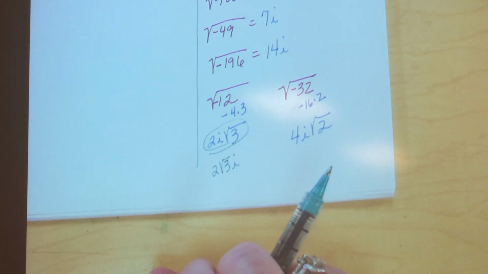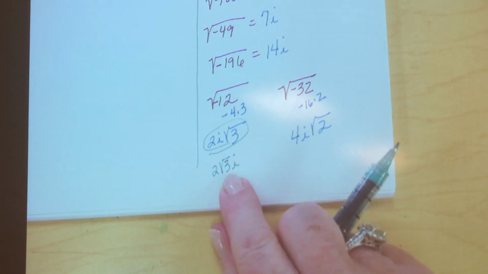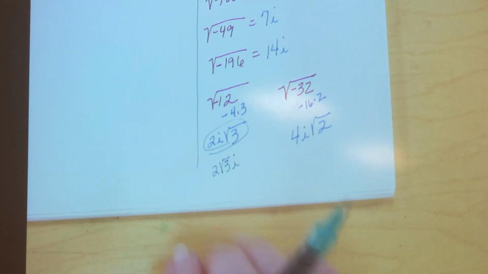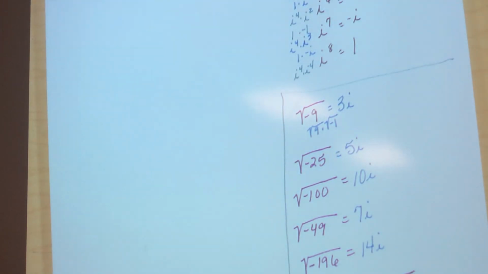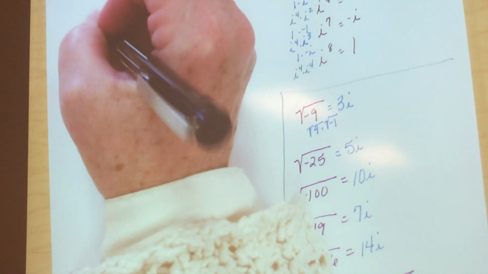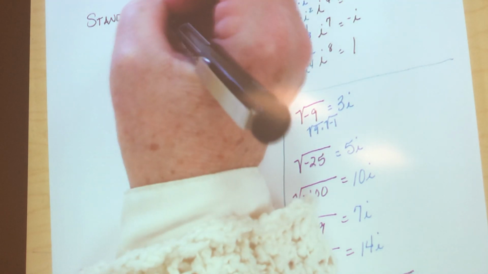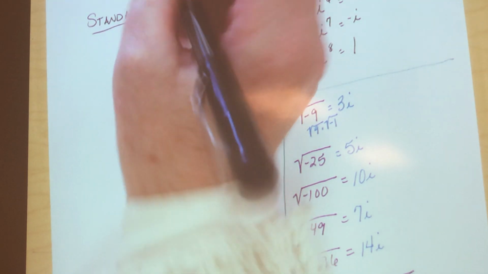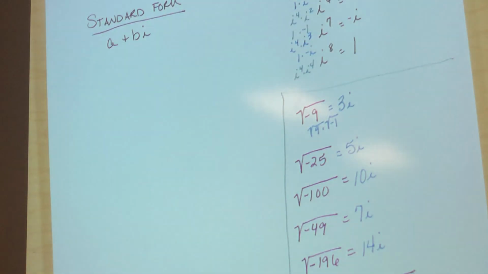What was it called? Proper form? I'm fixing to show you the proper form. It's called standard form. Oh, okay. So this is standard form for a complex number. Standard form is in the form of a plus bi.